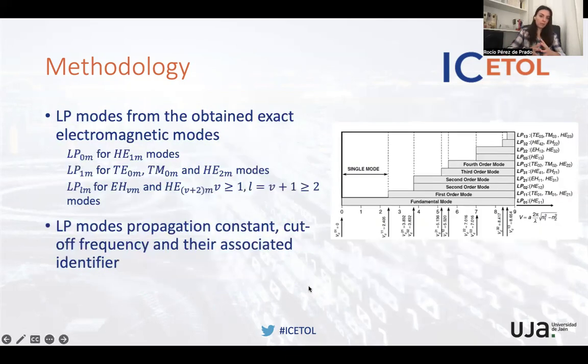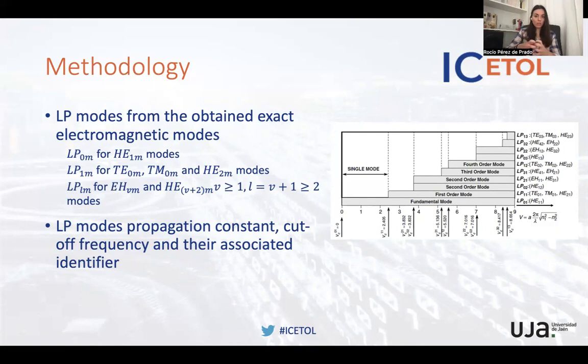Once we have obtained the exact modes of my optical fiber, a second step will be to analyze the linearly polarized modes. They are always going to be present, and we can consider them in weak guidance conditions, that is, when the refractive index in the core and the refractive index in the cladding are very close.